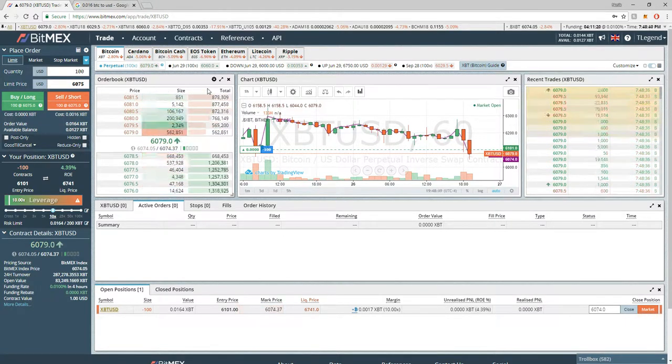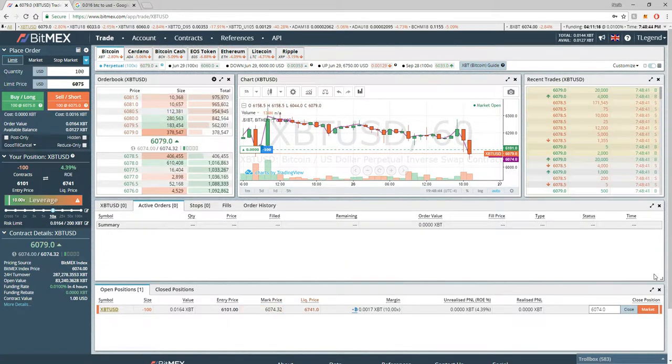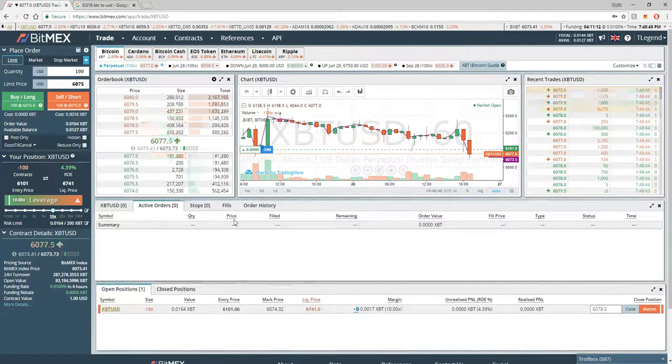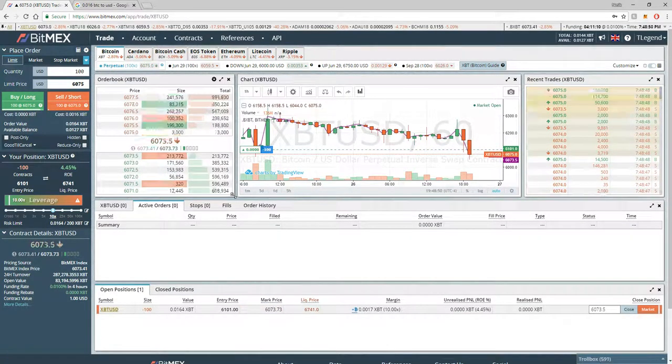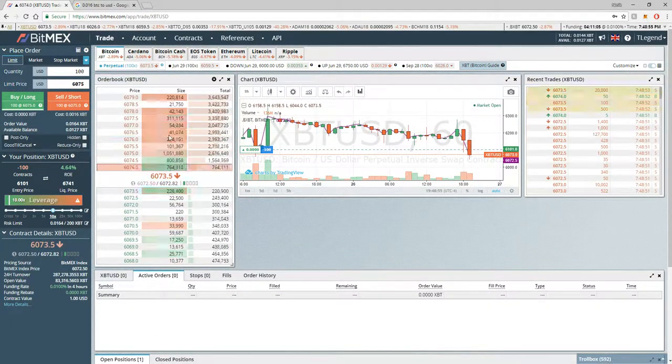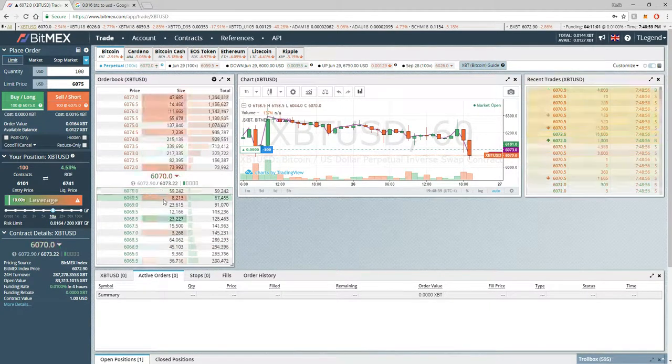The order book right here. So let me make this bigger. The red is the people who are shorting it, the green is the people who are longing it.